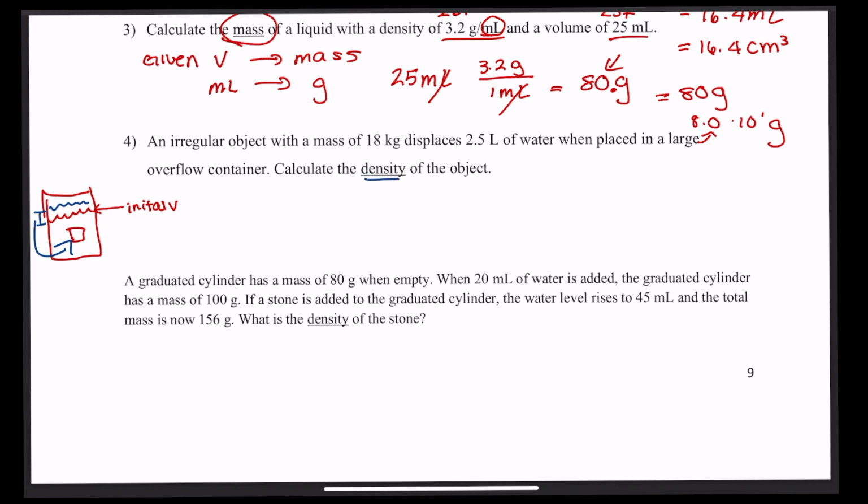So we know it displaces 2.5 liters of water. That means this is our volume. And this is our mass.